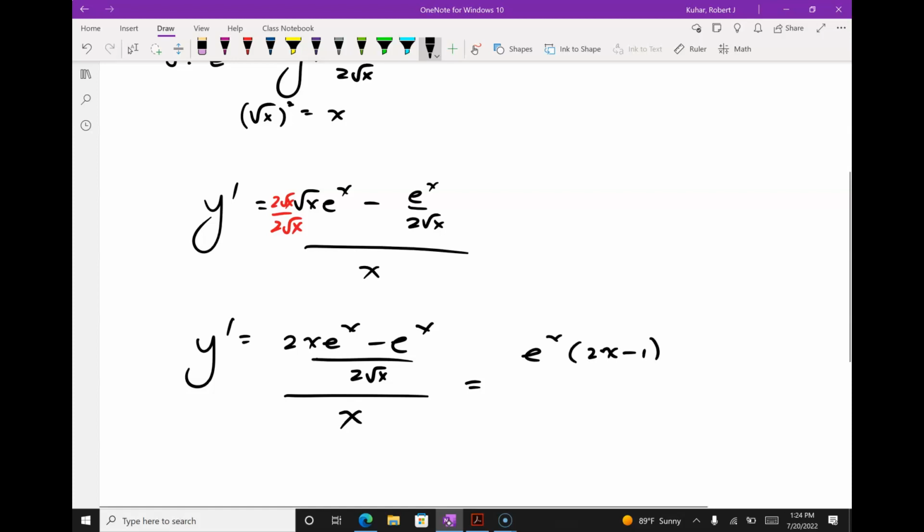Same as before, right? I did a keep change flip. I factored and I did a keep change flip. You'll often see this in the book as e to the x, 2x minus 1 over 2x to the 3 halves, right? 2 halves power, 1 half power, but I like this one better.